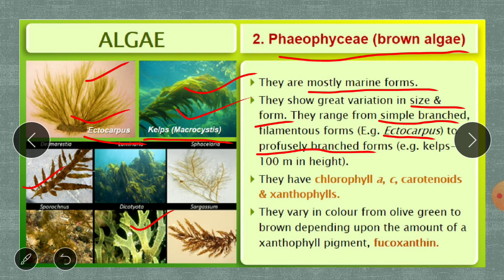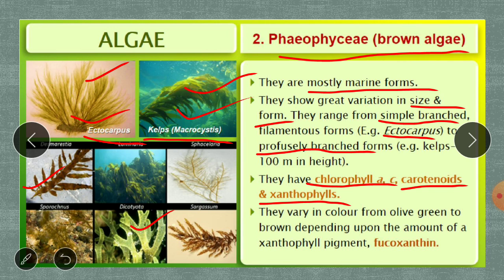Coming to the pigments present in them, they have pigments like chlorophyll a and c, carotenoids and xanthophylls. These are the main pigments present in the Phaeophyceae.